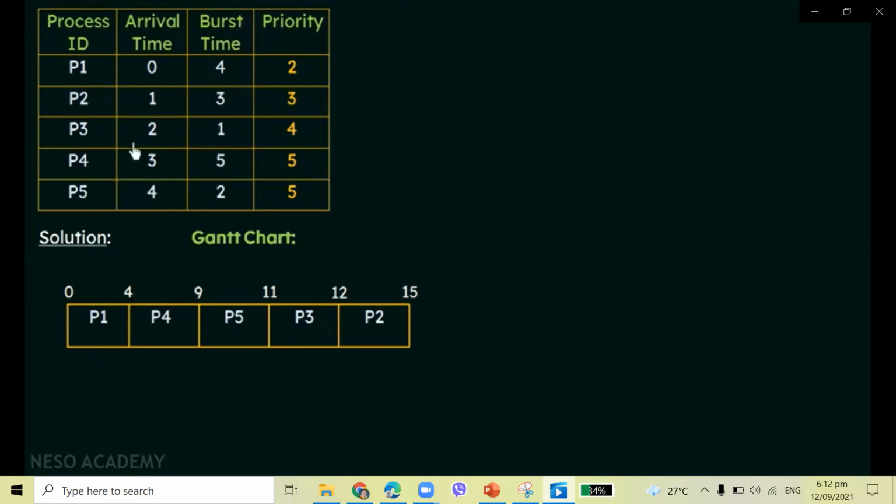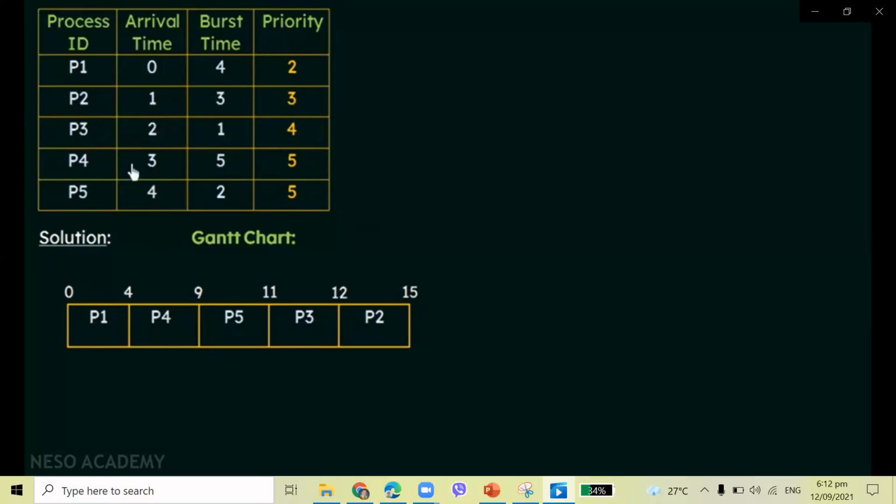If you look at this table, we see that at 2 milliseconds, P3 also arrived, at the 3rd millisecond P4 arrives, and at 4 milliseconds P5 arrives. So when P1 was executing from 0 to 4 milliseconds, all the other processes also arrived.